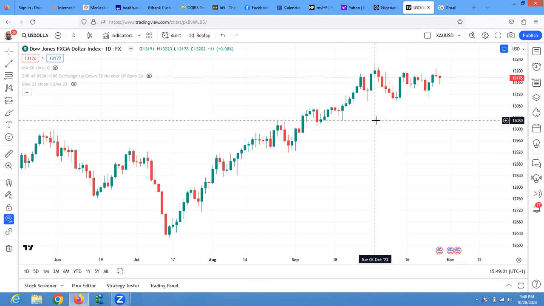Now, what we do know in any corrective pattern is that all of the time, the corrective pattern is in three waves. It's in three waves. But the last wave, which is the C wave, is always impulsive.